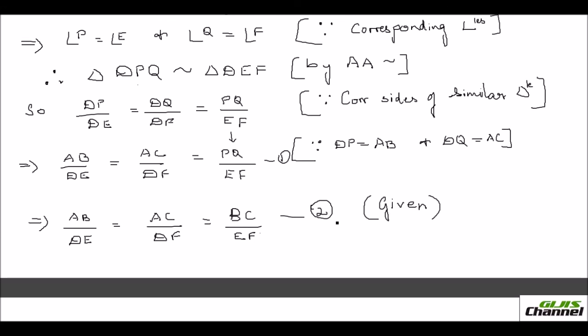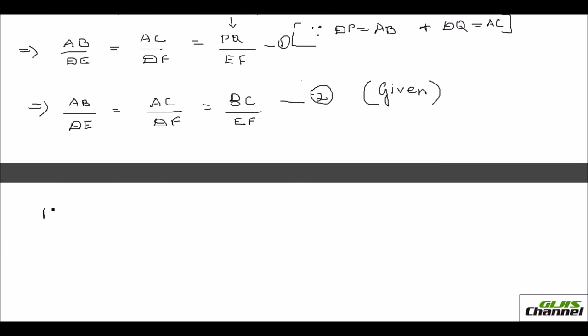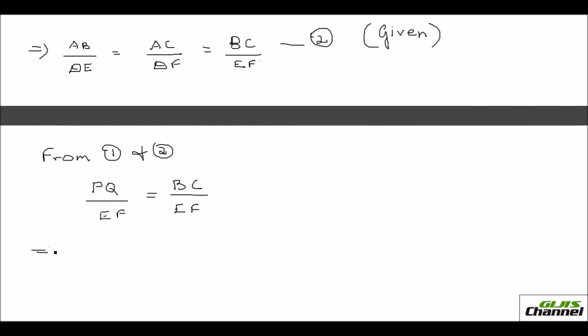So from 1 and 2, what we know is, if AB by DE and AC by DF are equal to PQ over EF and BC over EF, I can say from 1 and 2 that PQ over EF is equal to BC over EF, right? That implies PQ is equal to BC. Understood?